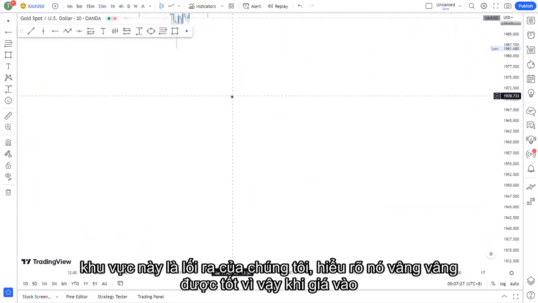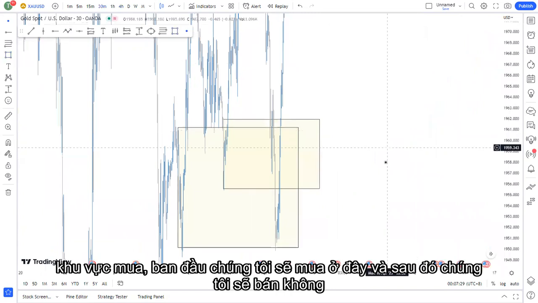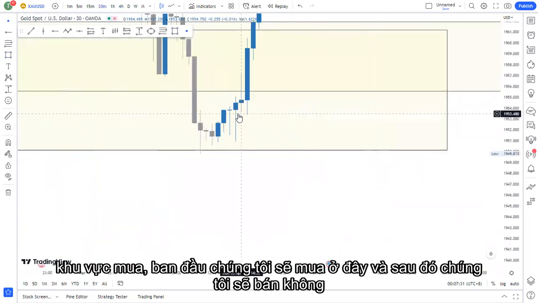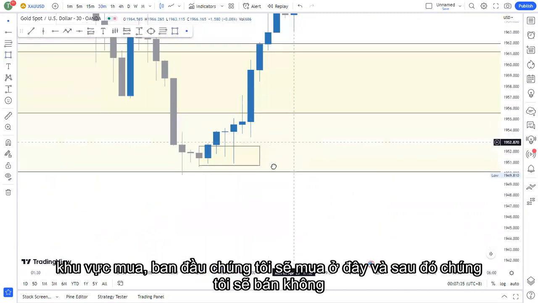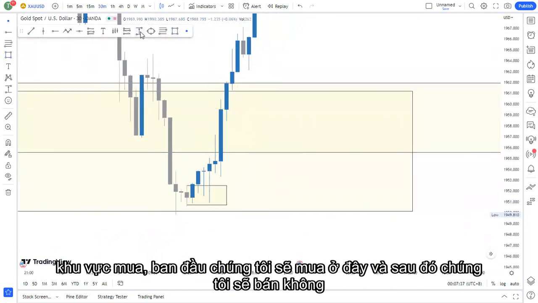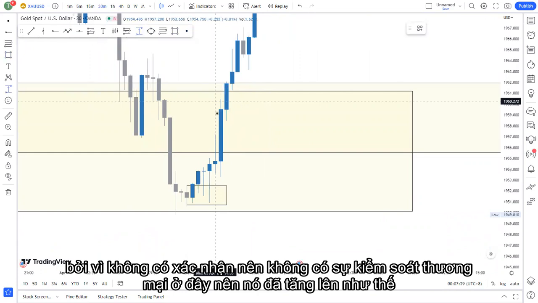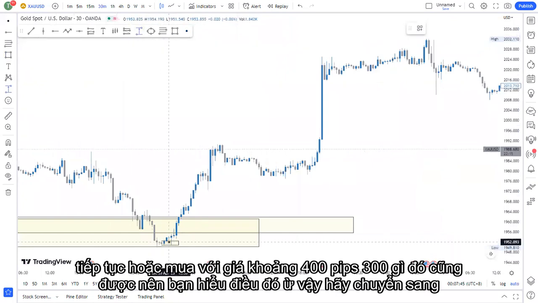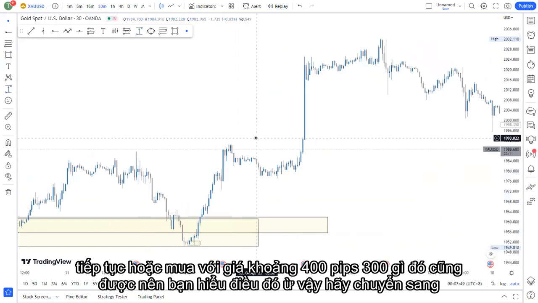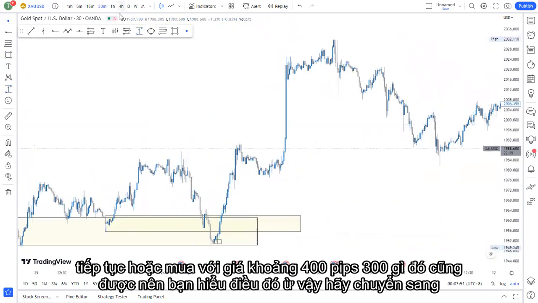So when the price gets into the buying zone, we are going to take the buy here at first. And then are we going to take a sell? No, because there is no confirmation. There is no trade control here. So it went up, continuing for buy for about 300-something, 400 pips. So you understand it?